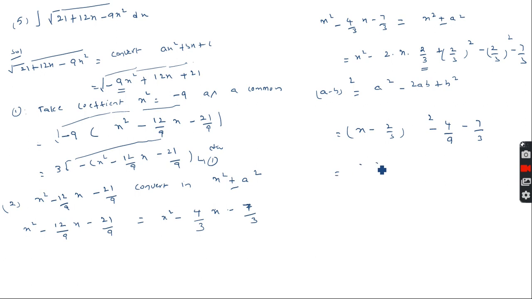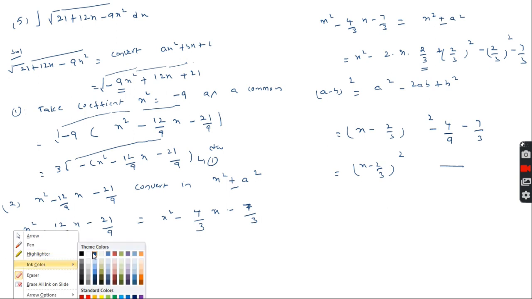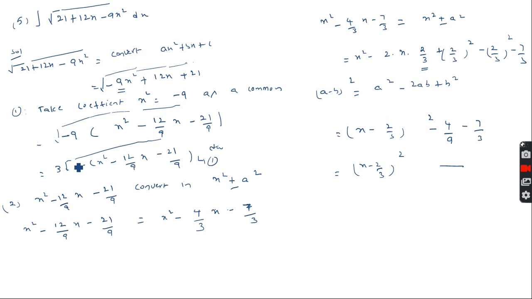Sorry, here there is a minus sign involved. Here the LCM is 9, so it can be written as 4 and 3 times 7, that is 21.